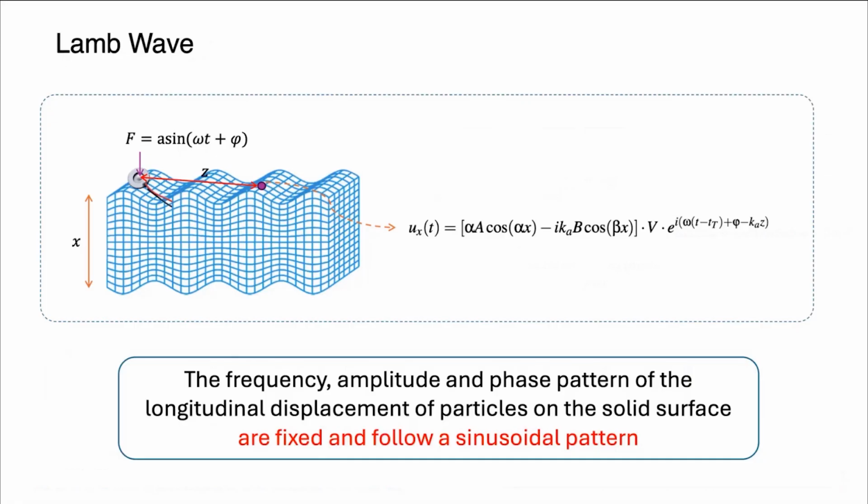We can look at the real part of this function, which follows the sinusoidal form with the same frequency as the transducer vibrates. Since the RTC crystal is in close contact with the solid surface, we can approximate that the RTC crystal will vibrate up and down at the same frequency.